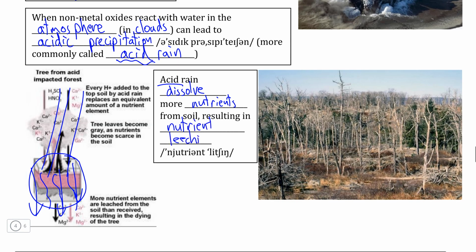And this can absolutely devastate whole ecosystems, because if these nutrients are drained by the acid rain out of the soil, now that soil no longer has enough nutrients to support the growth of large plants, particularly trees, resulting in them dying, as we can see in this forest that has been devastated by acid rain.